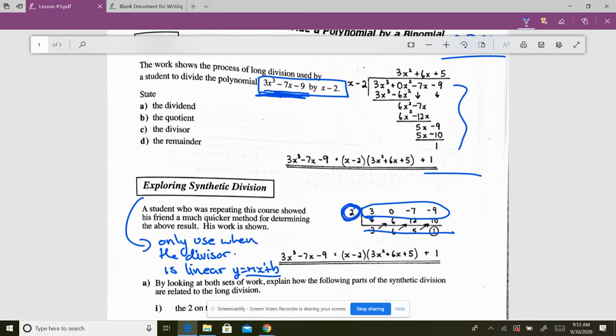How do I get it? It's that 2 right there, okay? So the inside are the coefficients of the polynomial. The outside is essentially what makes the divisor equal to 0, okay?